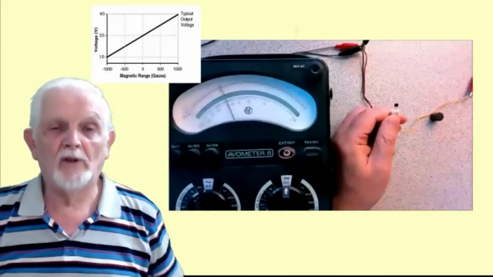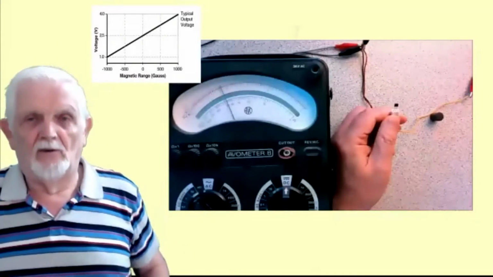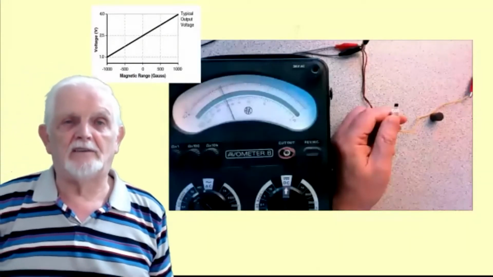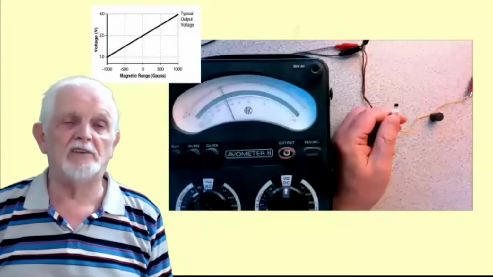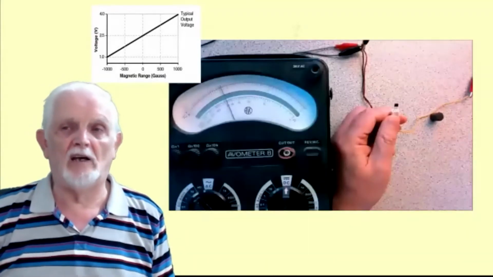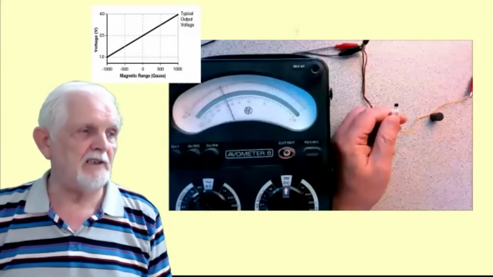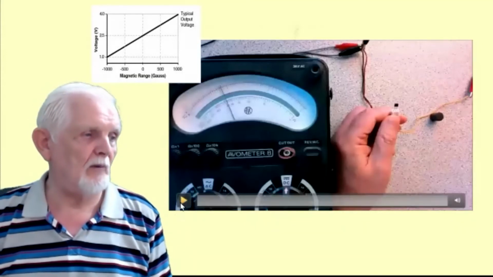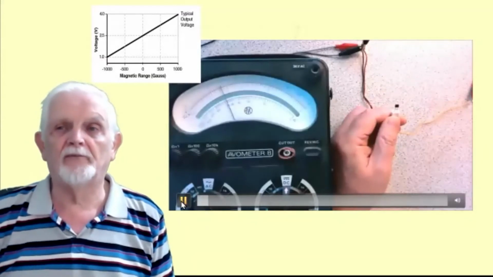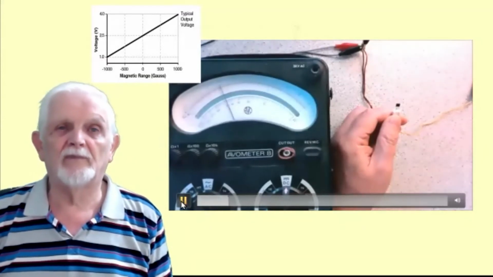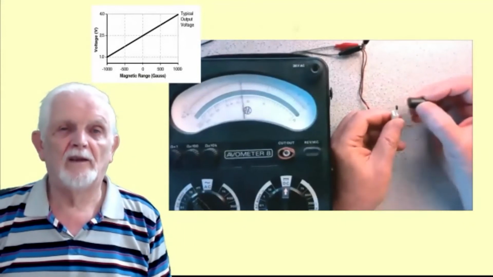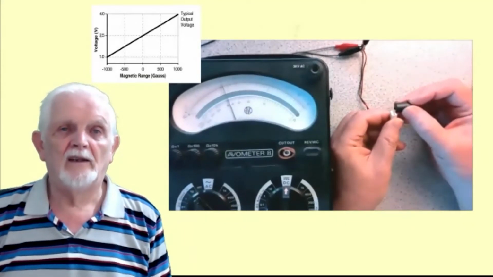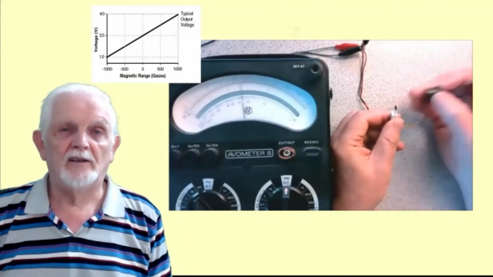Here's an example using my old Evo 8, because it's a nice screen. We're in a 10-volt range right now. It's sitting at roughly 2.5 volts. And you'll see if I put a magnet close to it, here I come, the voltage increases.